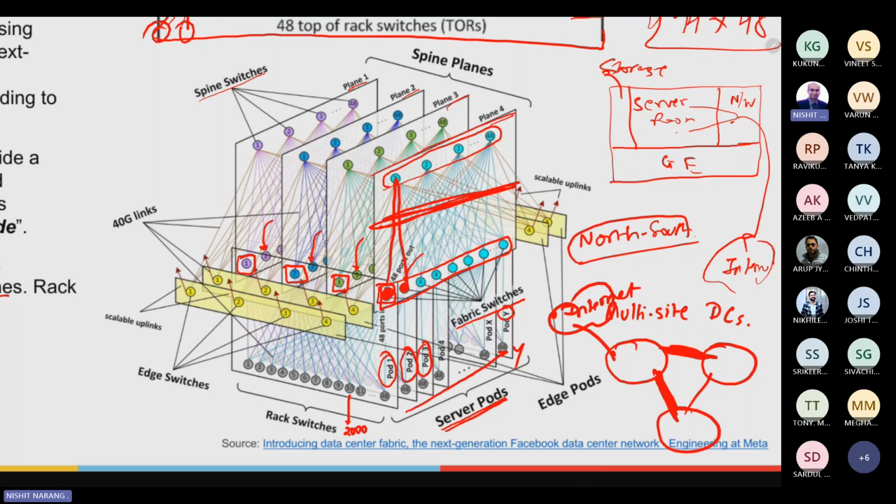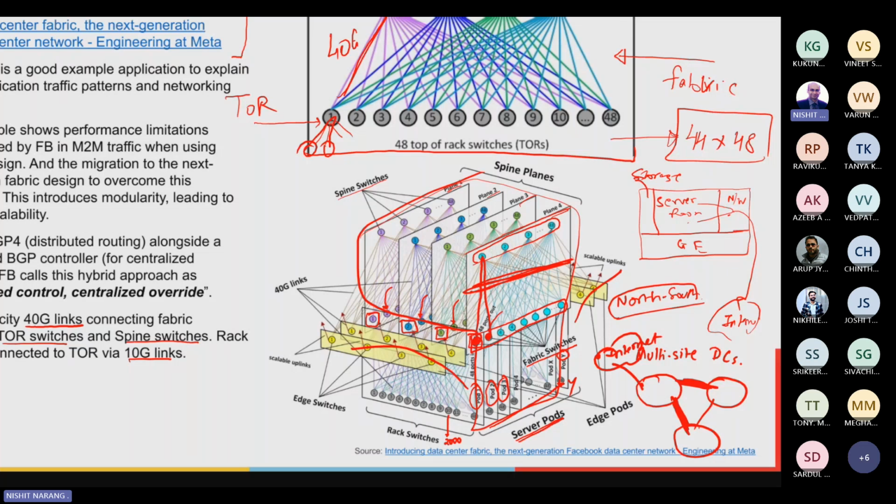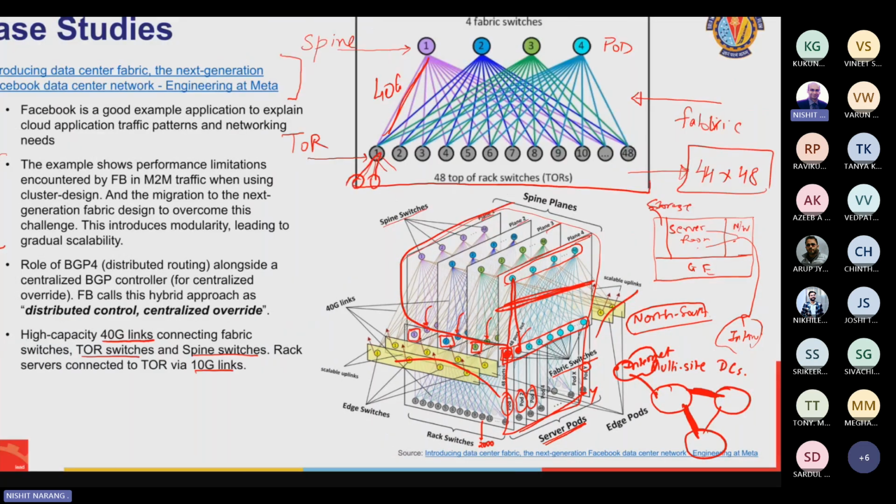So 90% of the traffic, as we had talked about earlier, remains concentrated within this part of the network. But about 10% of it goes out from these edge pods and to the internet, towards the clients, or towards other data centers. So that's what the edge pods have been brought in for. Okay, they are scalable. Uplinks means connecting to the outside of the data center.